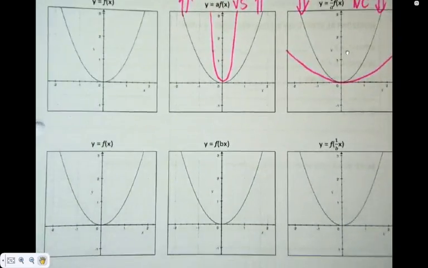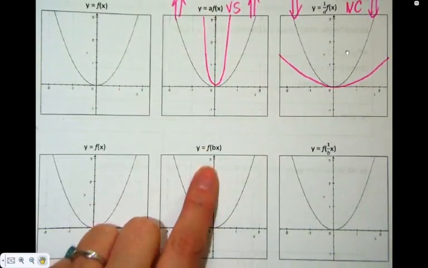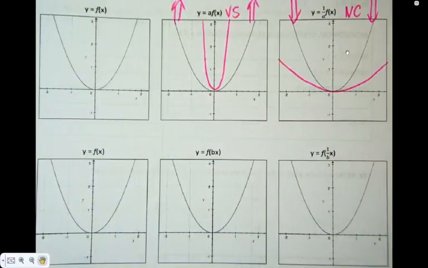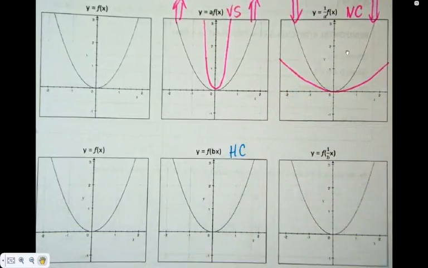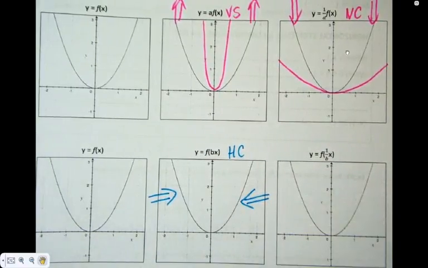The horizontal ones we didn't do last year because you weren't ready. Now you're ready. And I've called it B just because I didn't want to call it A, so don't let the letters freak you out. It's just a number that happens to be in front, or in front inside the brackets. This is a horizontal compression. Horizontal compression. And so this is pushing it in from both sides, pushing it in from the left, pushing it in from the right.